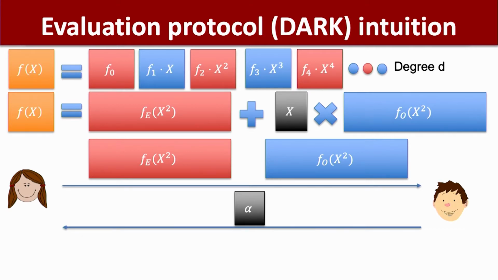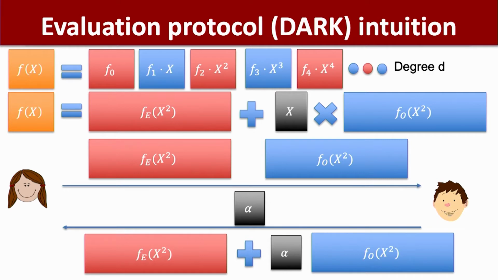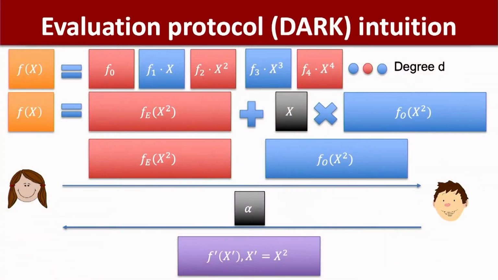Then we continue the protocol on the random combination between f even and f odd. So I will compute f prime of x, which is a degree d over 2 polynomial, and now x prime is being set to what used to be x squared. I replace x squared with x prime; I just reinterpret it.